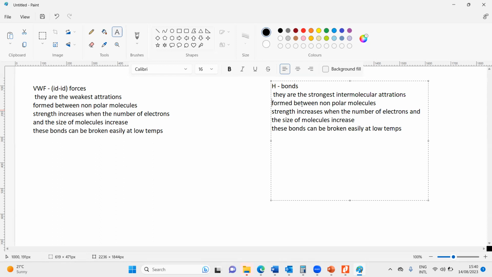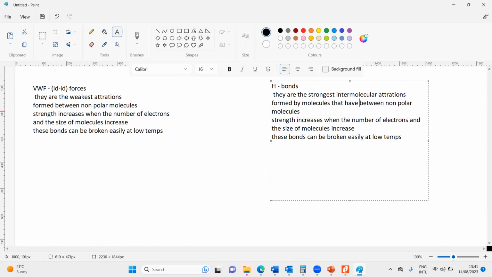Van der Waals forces are formed between non-polar molecules. Hydrogen bonds are formed by molecules that have hydrogen-nitrogen, hydrogen-oxygen, and hydrogen-fluorine bonds.